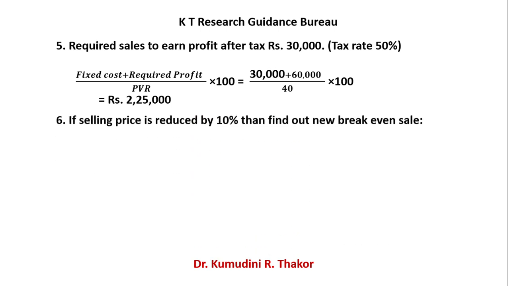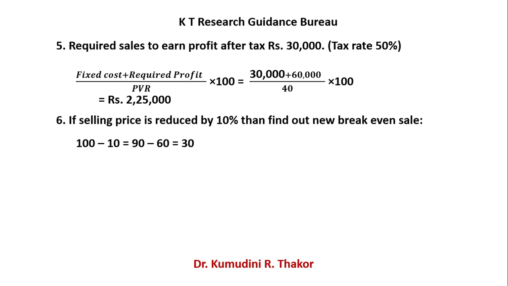And last one is, if selling price is reduced by 10%, then find out new break-even sales. What you want to do? You want to reduce selling price by 10%. Same logic you have to apply. Which one? 100 minus 10 is equal to 90.